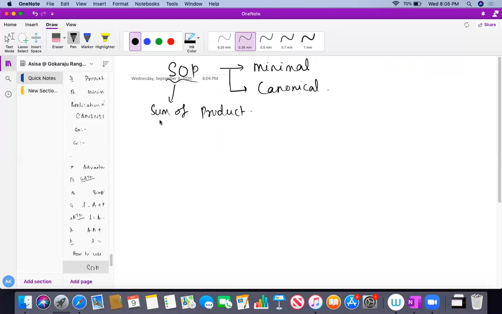A logic equation can be expressed either in sum of product or in product of sum. So in sum of product, there are only two ways we can express: minimal sum of product and canonical form of sum of product. Similarly, POS also can be in the form of minimal and in the form of canonical.